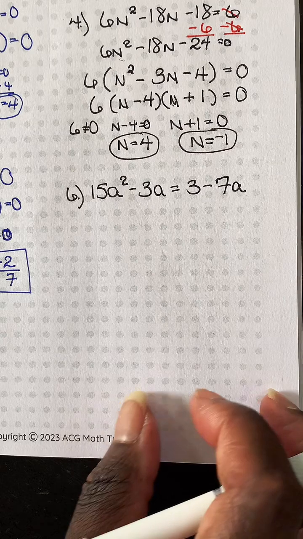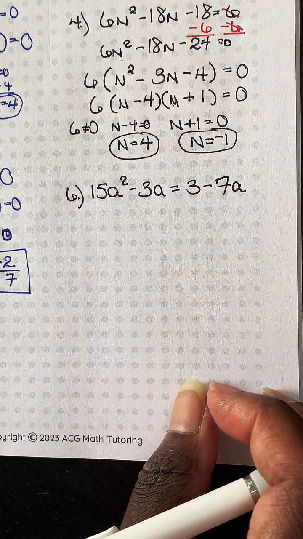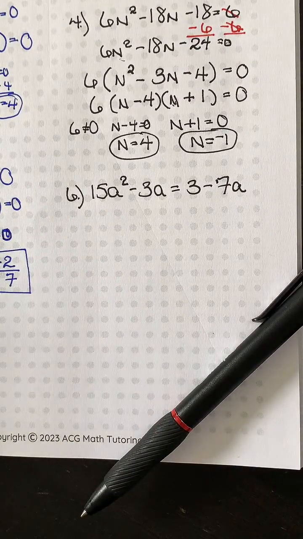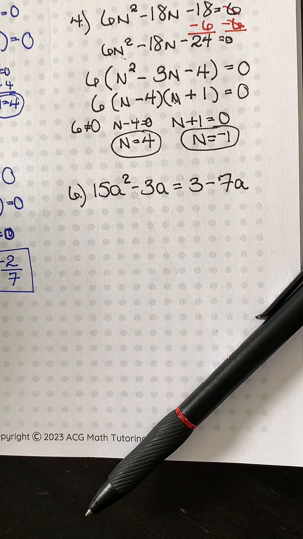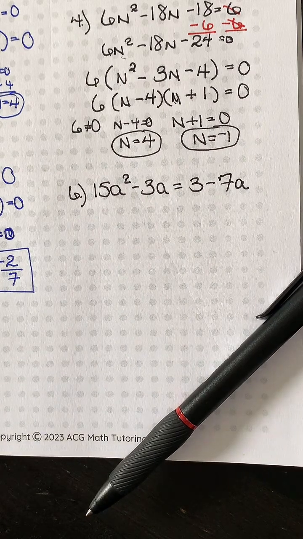Cindy saying add 7a to both sides. Okay, so I got one person saying add 7a on both sides, another person saying add 3a on both sides.